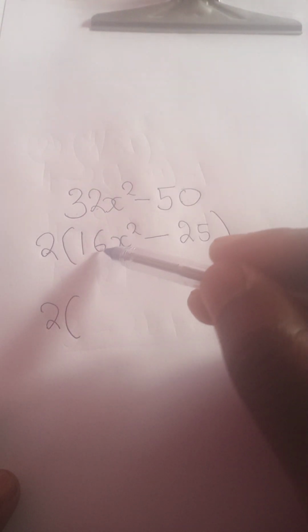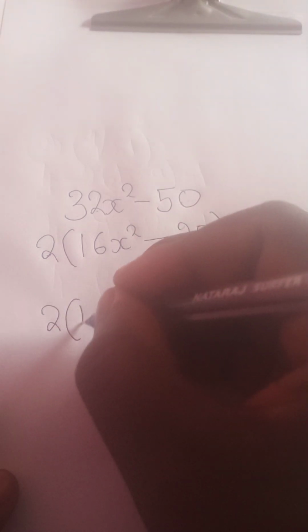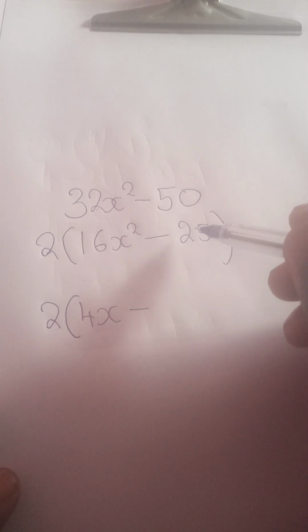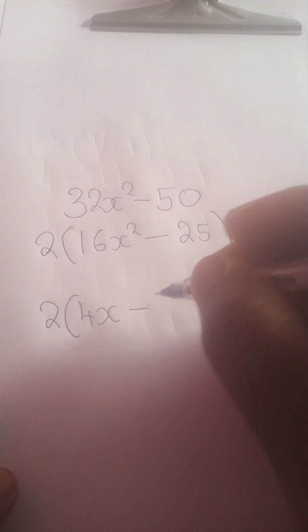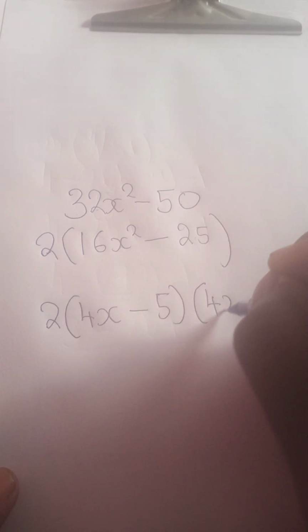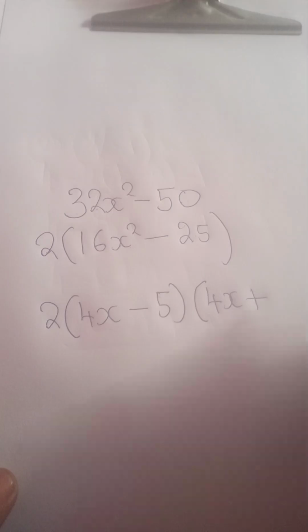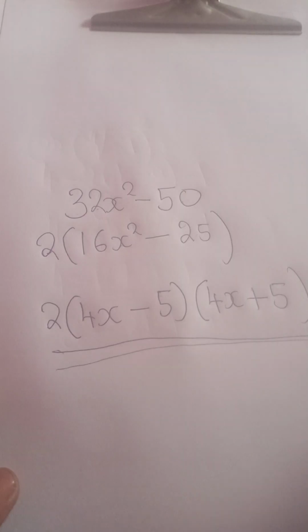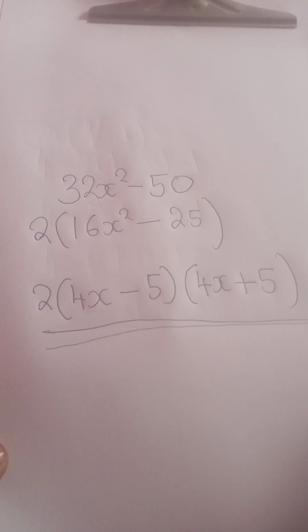What's the square root of 16? It's 4. So you say 4x minus. What's the square root of 25? It's 5. You open again the same: 4x plus 5. This is where you end because there is no number which can go there.